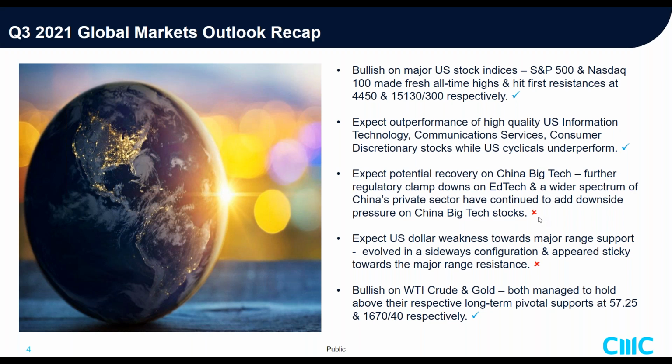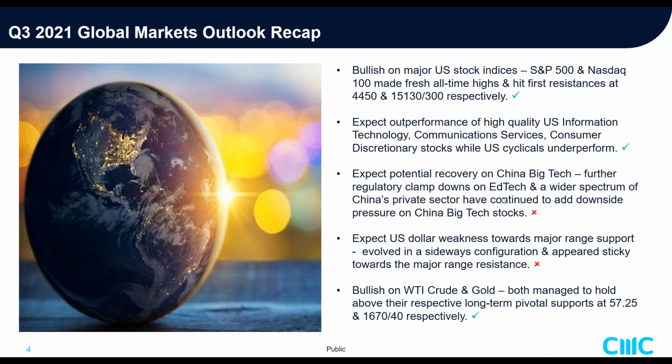We were expecting a potential recovery on China big tech stocks, however, due to further regulatory clampdowns on the edutech sector, which is another technology sector that focuses on online tuition, this regulatory clampdown has spread to a wider spectrum of China's private sector.